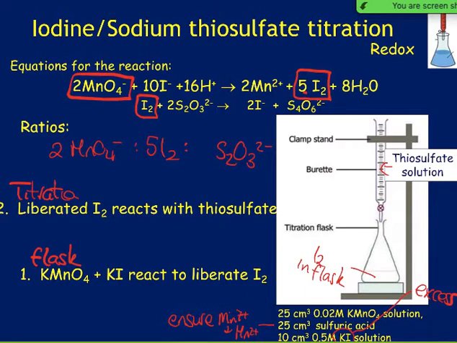How many thiosulfates is that? It is 10, because I need to make these two things comparable. So I have 5 iodine in my first equation, I'd have 5 in my second. That must mean I have 10 thiosulfates.